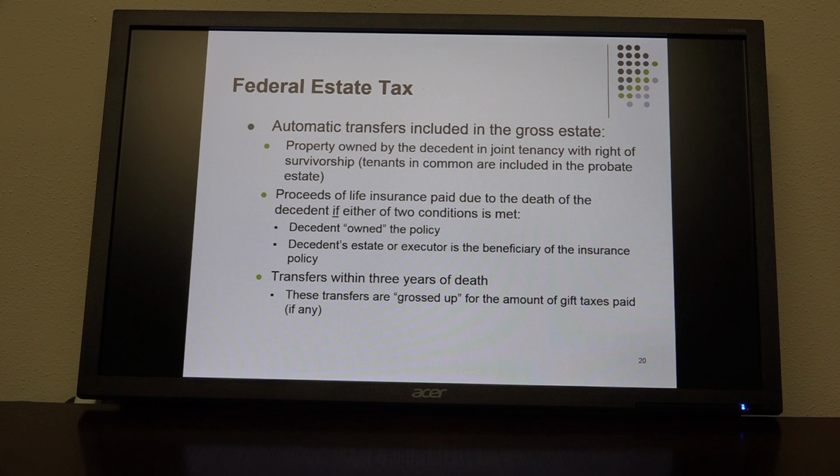If you transfer property within 3 years of death, it's brought back into the gross estate. And if there was any gift tax paid on that lifetime transfer, then the gift tax is added back in. And so it's what they call grossed up for the amount of the gift taxes paid, if any.